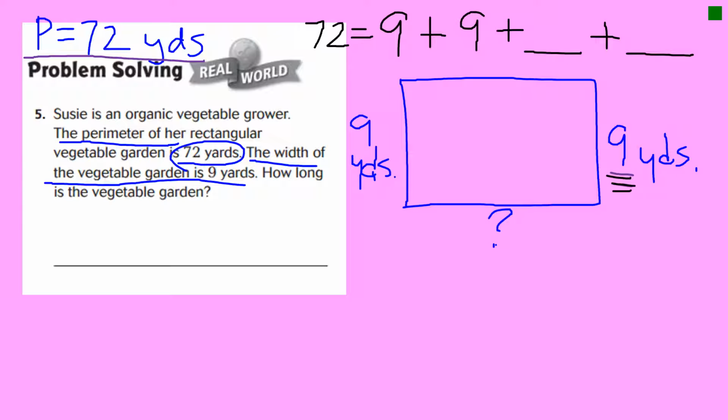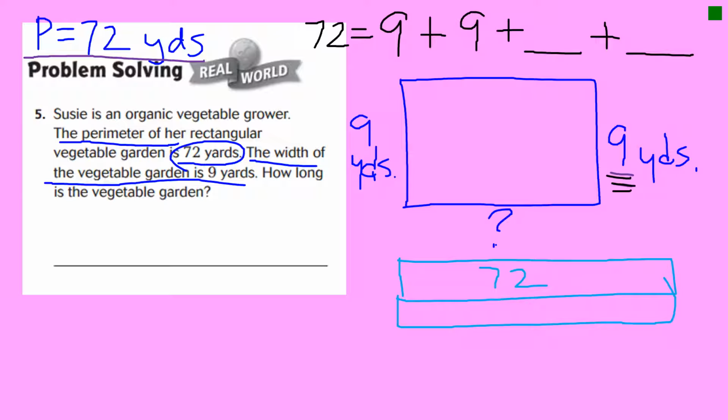Now, do you remember how we did the bar diagram before? Okay. We know the total perimeter is 72. We know it has 4 sides. 9 and 9 are the ones that we totally know about. And then mystery, mystery.